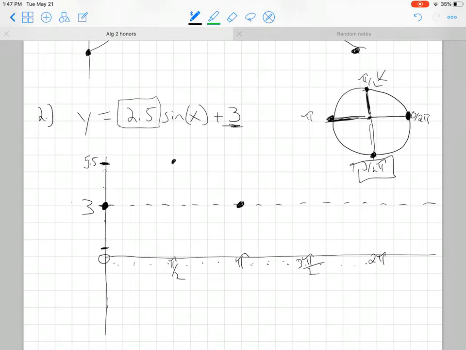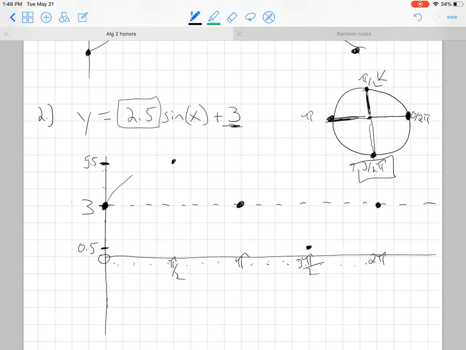I'm as far as I can get below the ground. So at 3/2 pi, I'm as far as I can get below the midline, which is at 0.5, really, right? And then finally, I get back to 2 pi, which is the same as 0, which is going to be back onto the midline.